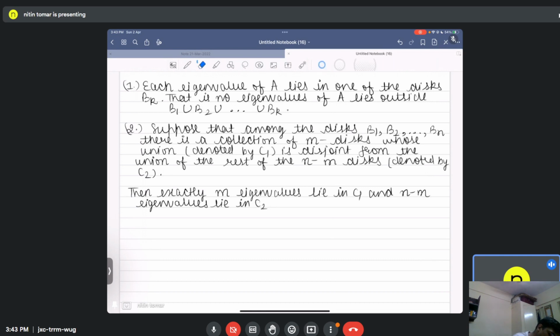Of course, the eigenvalues are counted with multiplicity.